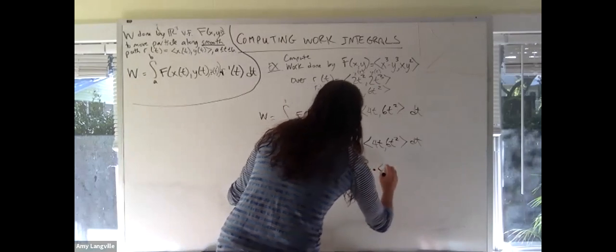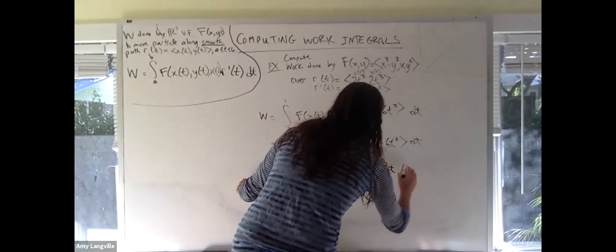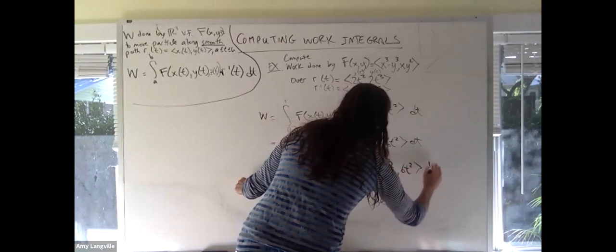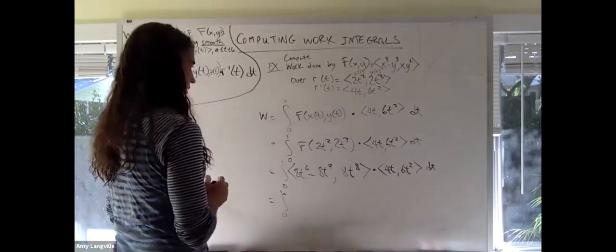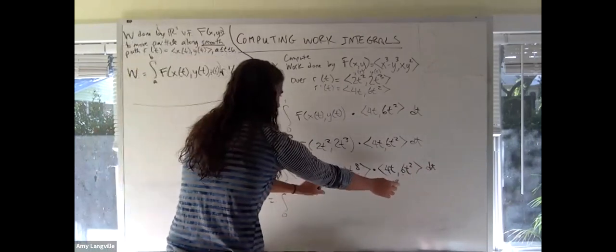I need to dot that with this tangent vector. So let's see, this times this plus this times this.